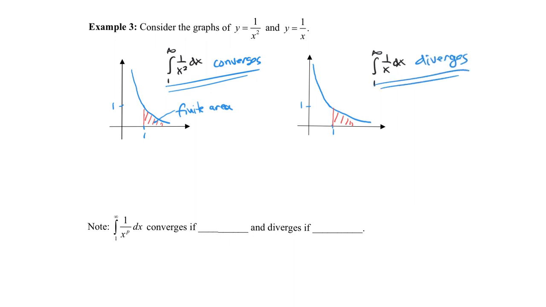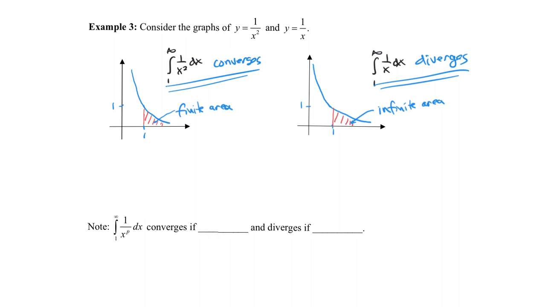This one diverges, which means that this is an infinite area. Even though they look similar, the expressions are similar, the graphs are similar, not exactly the same, but this one has a finite area where this one has an infinite area.